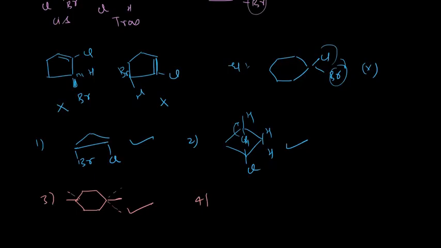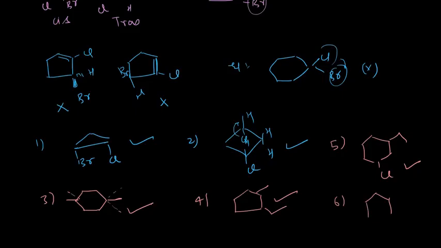Now we're going to talk about the fourth one. Will it show GI? Yes, it will show GI. Now we're going to talk about the fifth one. Will it show GI? Yes, it will show GI. Now we're going to talk about the sixth one. We have a methyl over here, we have CH3 over here, we have 1 over here. It won't show GI, right?